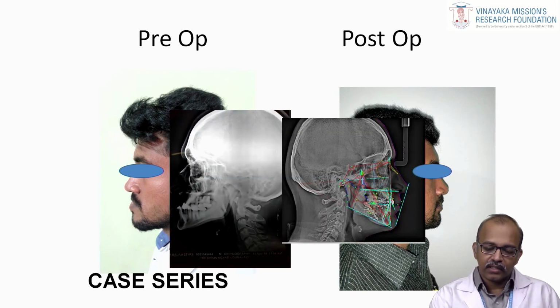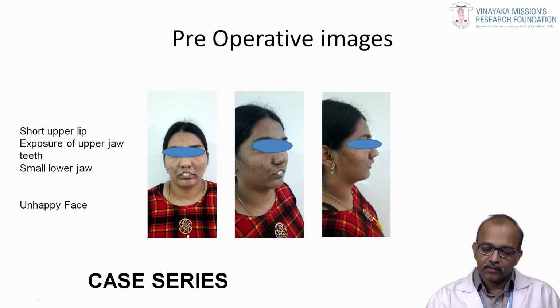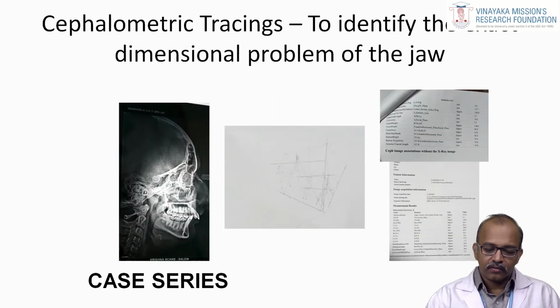This is the lateral ceph taken preoperatively, and this is taken postoperatively, and the ceph tracing was done, and he had ideal markings. This is a preoperative image, a short upper lip or a small lower jaw, with the ceph tracing done.